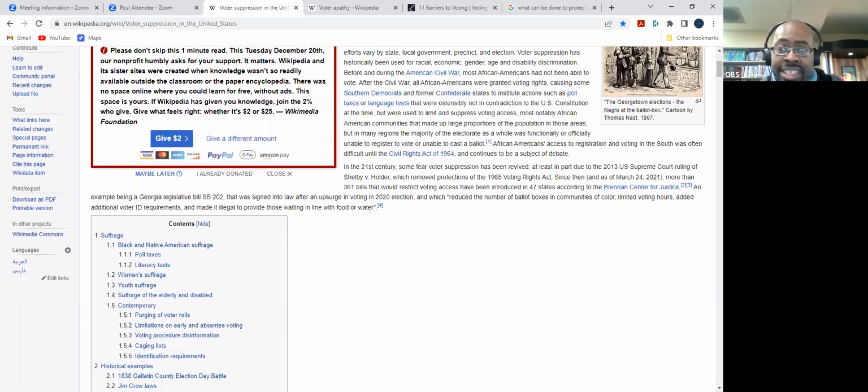Since then, more than 361 bills that would restrict voting access have been introduced in 47 states, according to the Brennan Center for Justice.